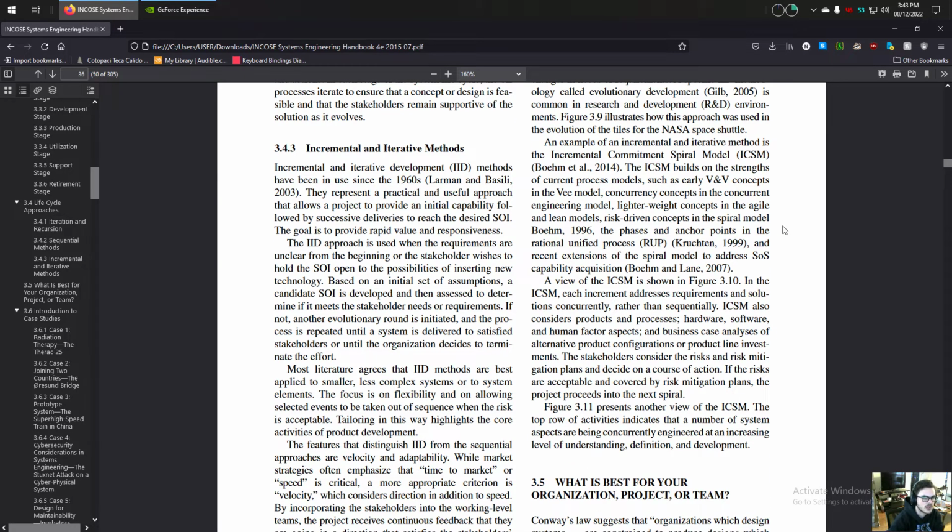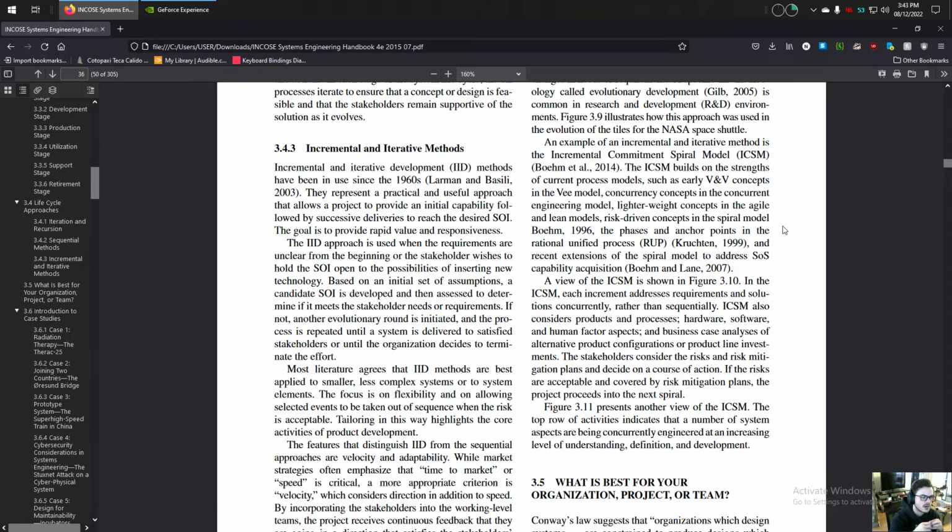An example of an incremental and iterative model is the incremental commitment spiral model. The ICSM builds on the strengths of current process models, such as early V&V concepts in the V model, concurrency concepts in the concurrent engineering model, lighter weight concepts in the agile and lean models, risk-driven concepts, and the spiral model, the phases and anchor points in the rational unified process, and recent extensions of the spiral model to address systems capability acquisition.